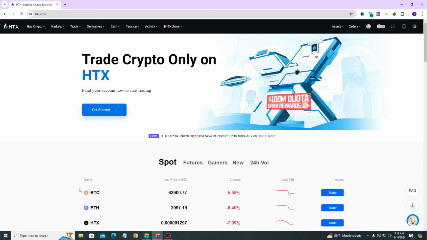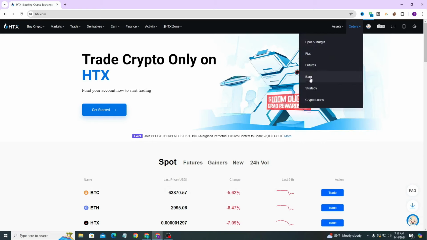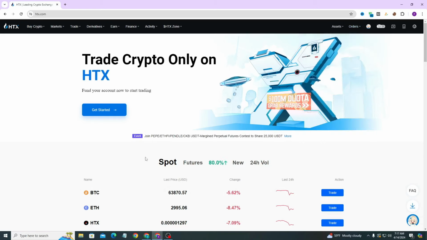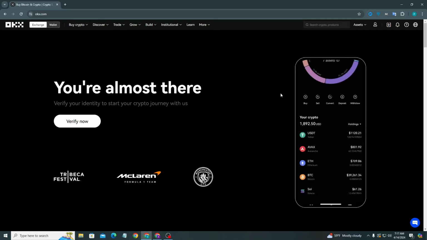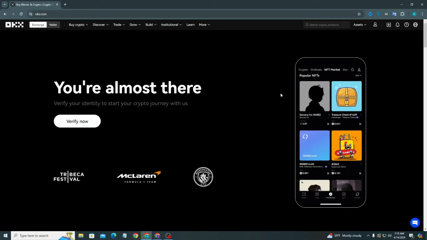But at the end, I like both platforms, but I think OKX is more reliable. But you can try both STX and OKX. They have different weaknesses and strengths. Everybody does. That's the life cycle of life or anything else.